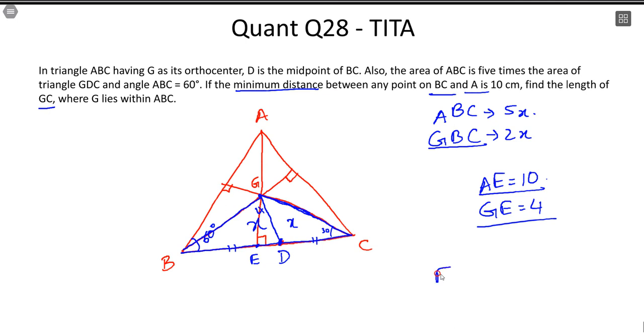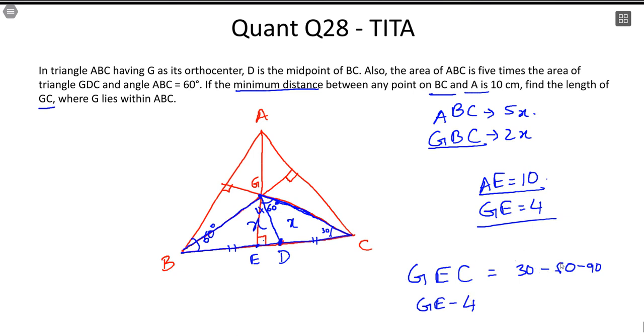Look at triangle GEC. This is 30, this is 90, so this will be 60. It is a 30, 60, 90 triangle. I know GE to be 4.